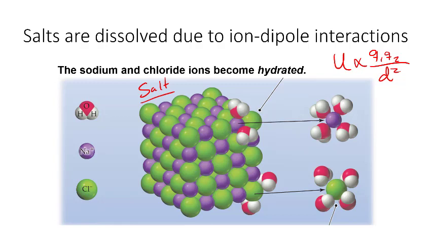In order for that crystal lattice to come undone, to split into its individual ions, there needs to be a strong enough interaction between the solvent, the water, and those individual ions in order to overcome those Coulombic attractions and rip all those individual ions out.